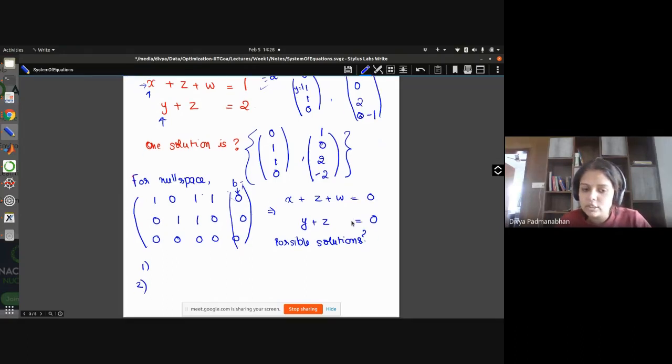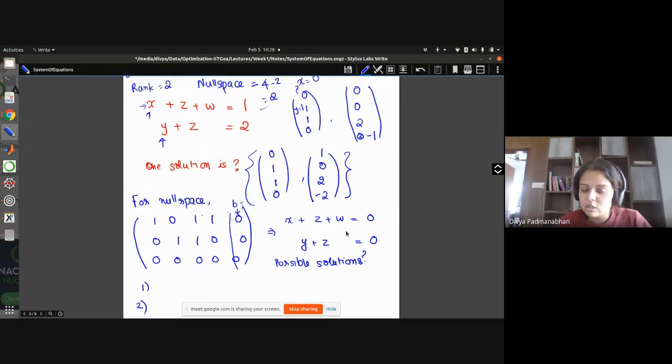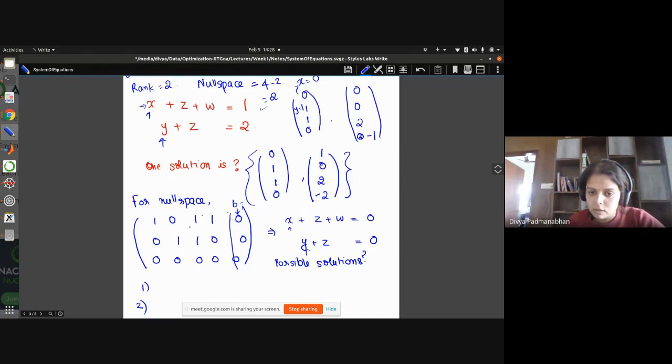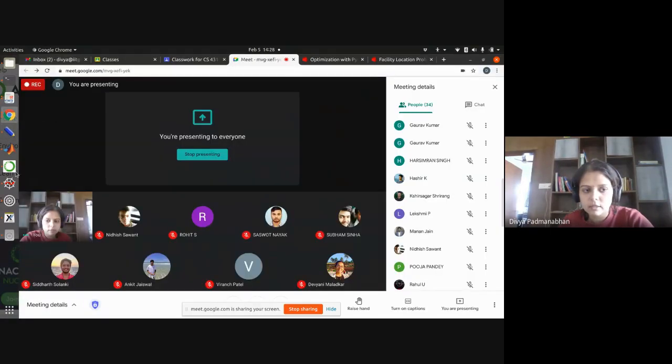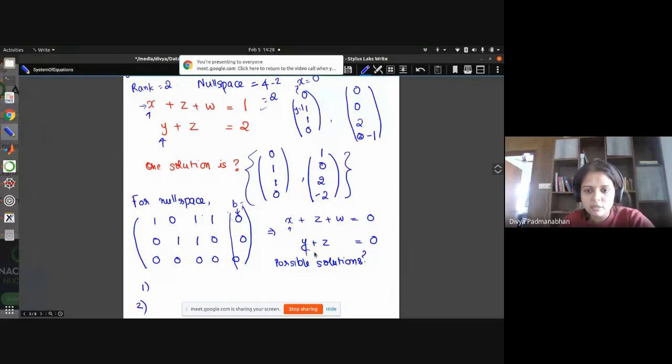So what are the solutions here? Here also there can be 2 solutions, right? Like the similar approach you did, you can fix the values of x and y. Can someone tell me the solutions here?